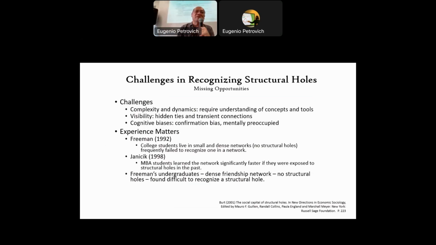Another interesting part is that studies have found if you don't have this knowledge or this concept to begin with, even if you look at this network in front of you, you may not pay attention. You don't know this concept, so you're not looking for the right thing. So it's important to have this concept built in our mind first. Our mind will then drive us to see, oh, you should look for those bridges, the structural holes.